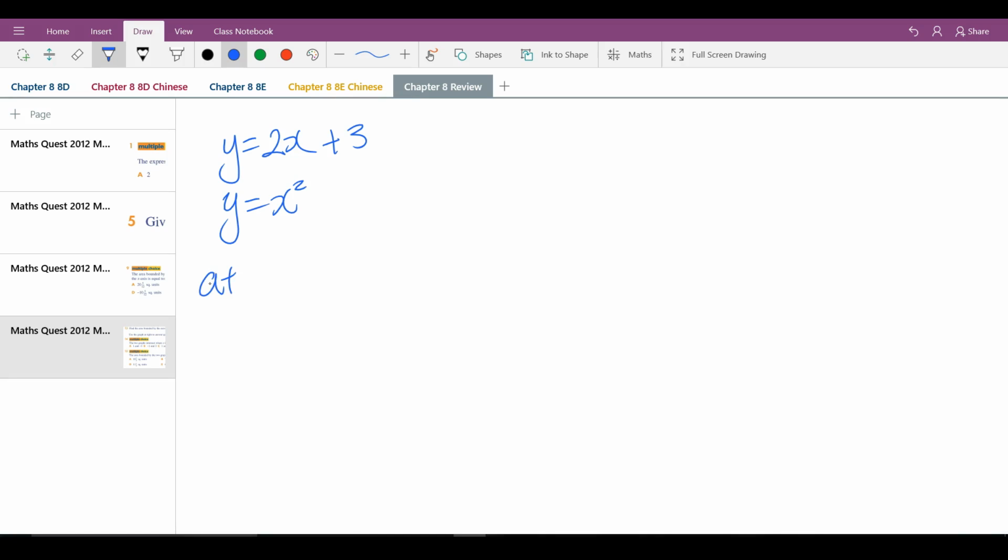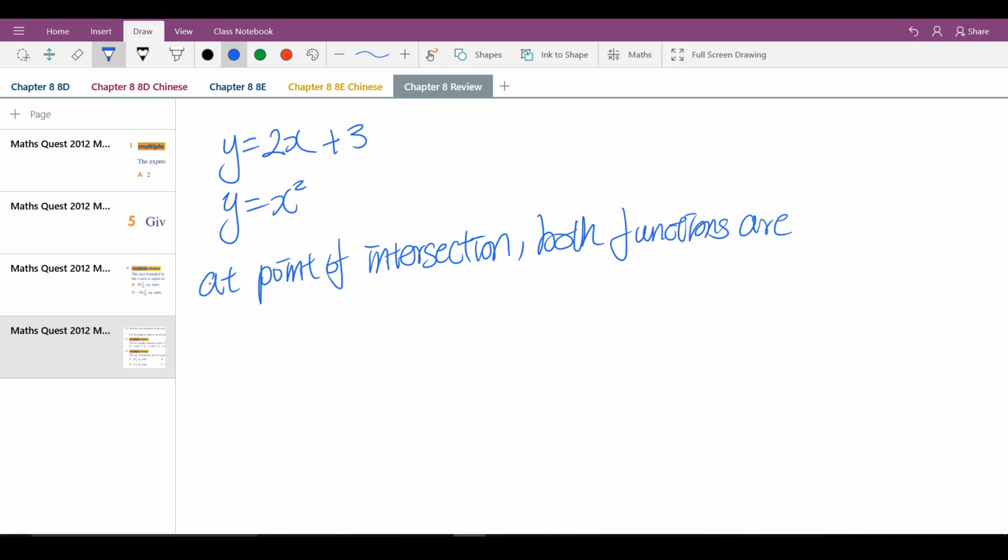At the point of intersection, both functions are equal. Therefore x squared is equal to 2x plus 3. Now we can move everything to one side, giving us a quadratic equation.